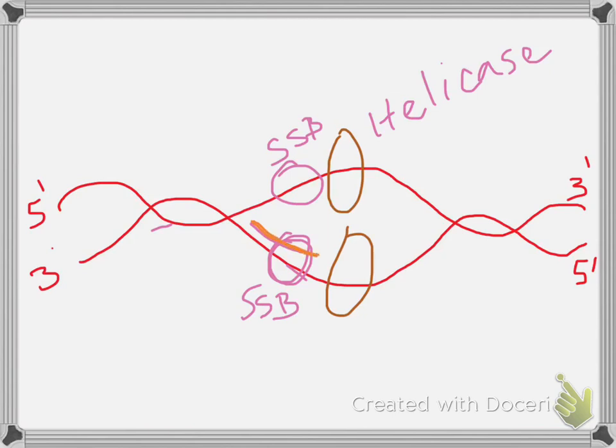This is the primer. DNA polymerase alpha forms the RNA primer, which then continues the addition of the nucleotides by DNA polymerase delta.